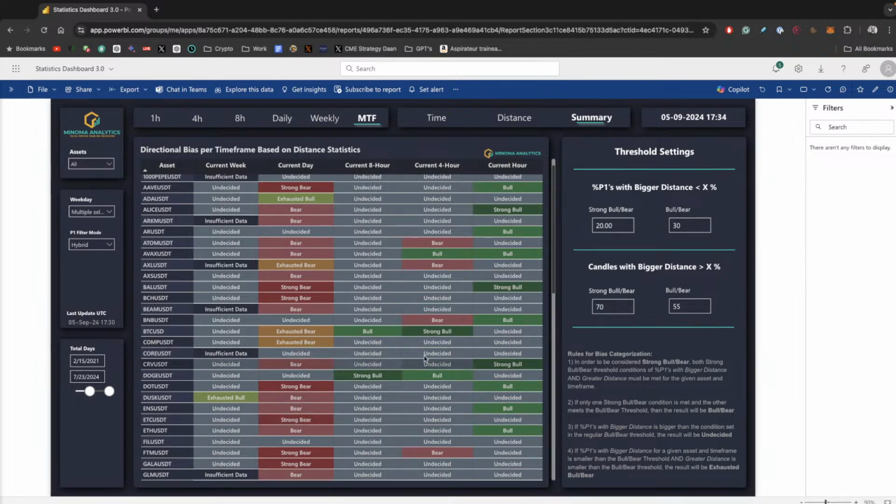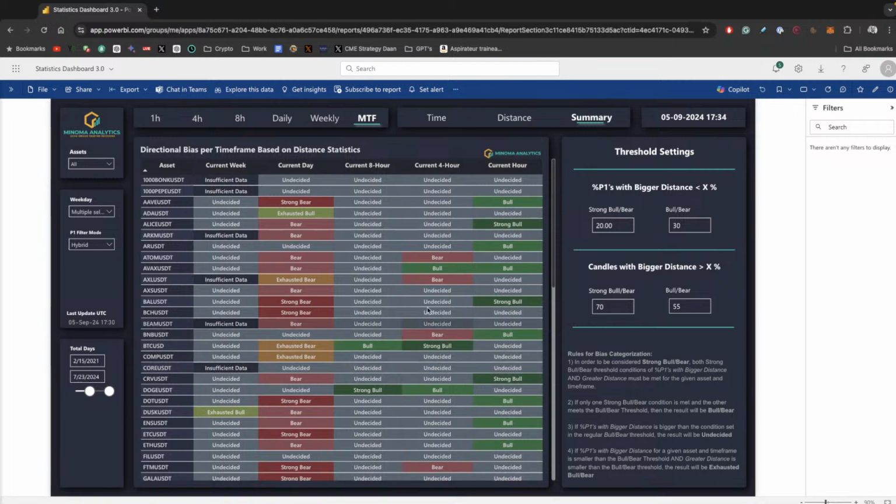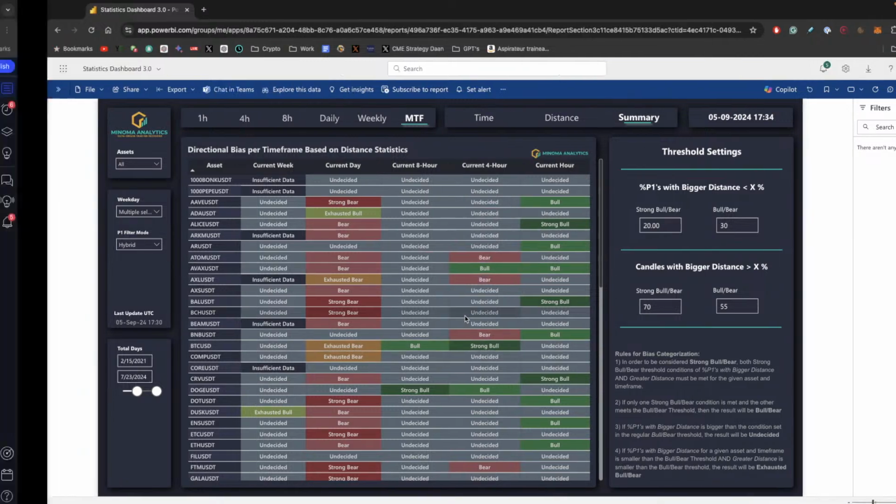So if we would now long a 4-hour candle, given that this is going to play out, we would be betting that this current 4-hour candle is the one that's going to be bullish and the next one is the one that's going to be bearish, right?